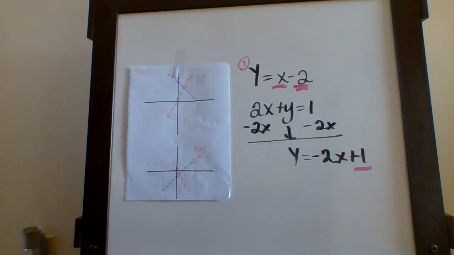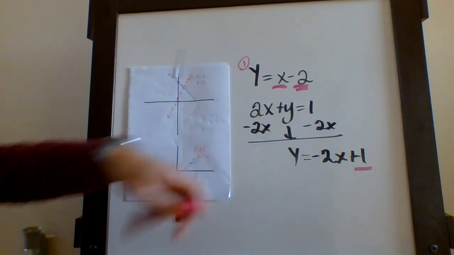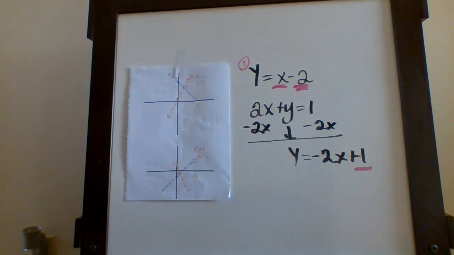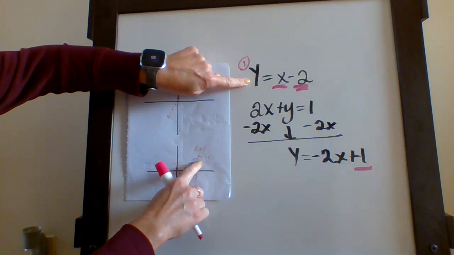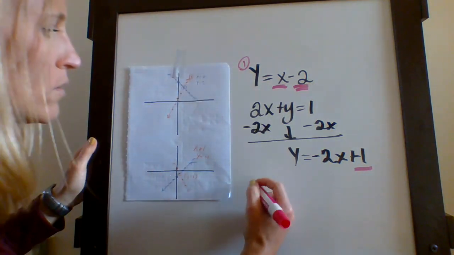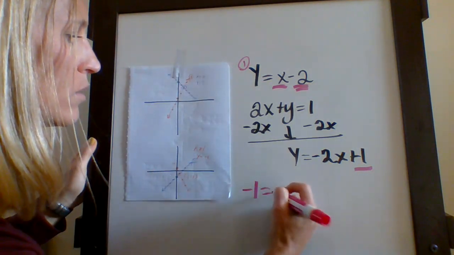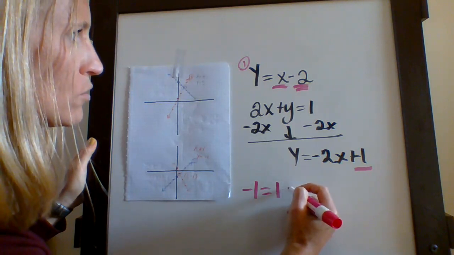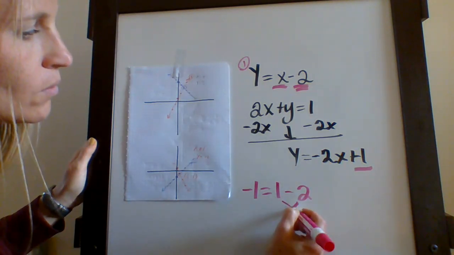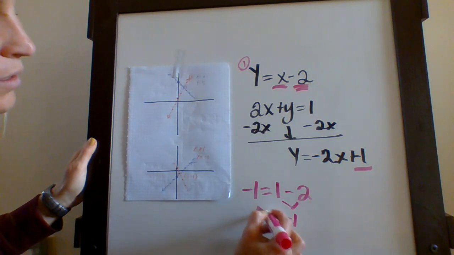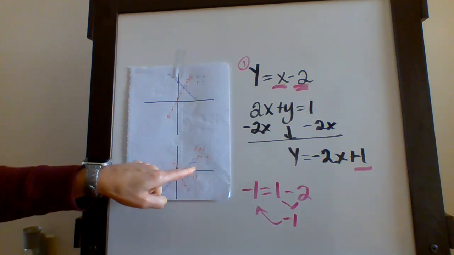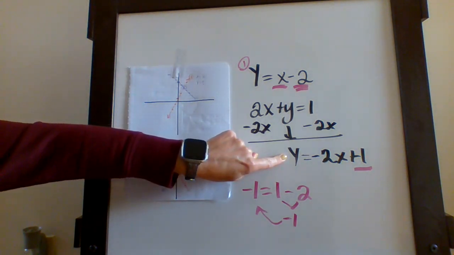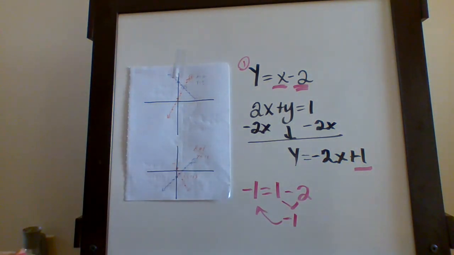So we can plug that in to check our equation. You can plug it into either equation, plugging it into both would be great. So on here, when y is negative 1 and x is 1, so if I said negative 1 is equal to 1 minus 2. Well, 1 minus 2 is negative 1. Yes, it worked out. Go ahead and pause the video and you can plug in your ordered pair into our next equation, or second equation, to see if it works out.